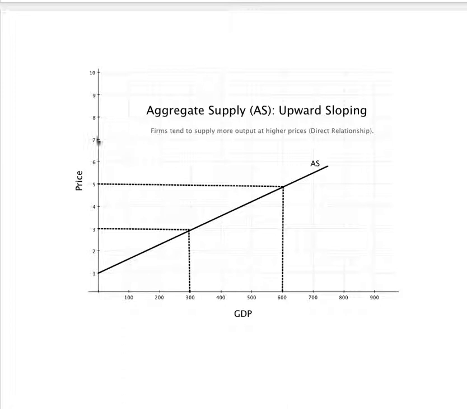As you can see here, firms tend to supply more output at higher prices, a direct relationship, and that goes back, as I just mentioned, to our law of supply. So if the price level goes down, prices are not as high as they once were, firms are not going to supply as much.